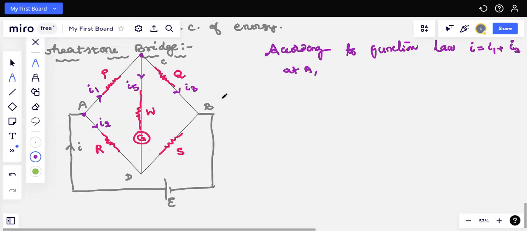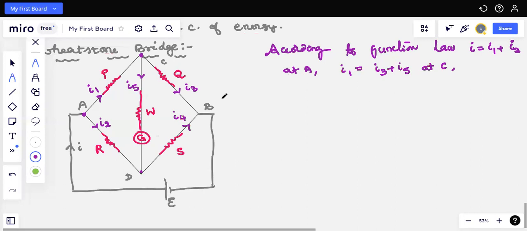I4 is అంటే ఇక్కడ తీసుకుందాం నా ఇంటెన్షన్ I4. These two are entering at the junction D, and it comes out like I4. So at junction C, what we write? Currents entering the junction is equals to the currents leaving the junction. Entering is I1, leaving the junction there are two, I5 and I3. So I1 equals I3 plus I5. This is at C.